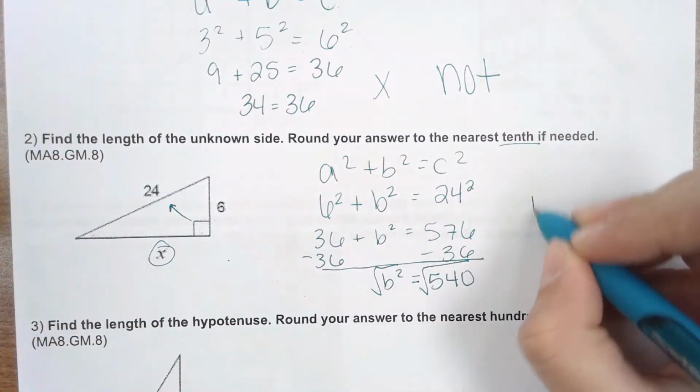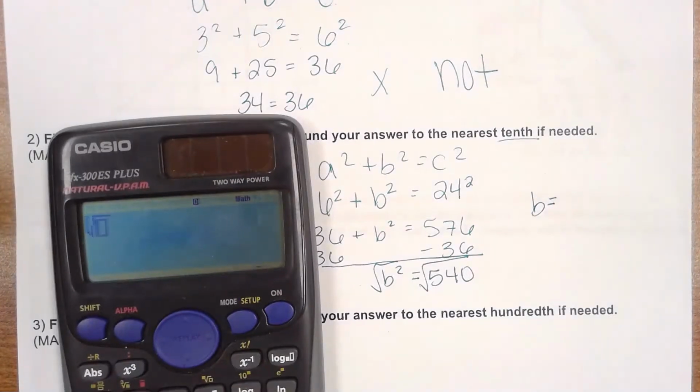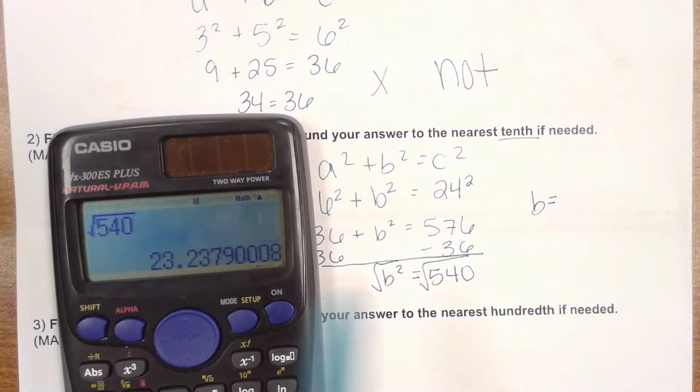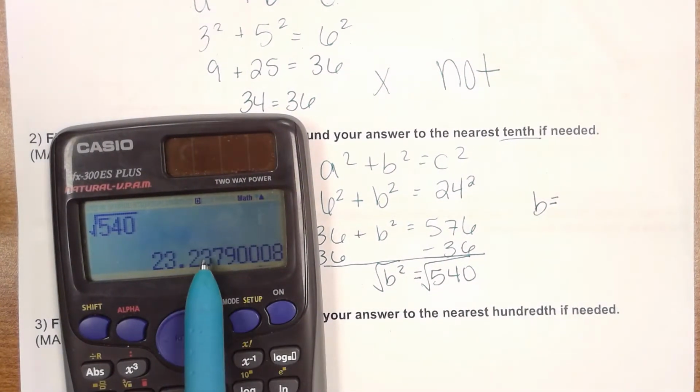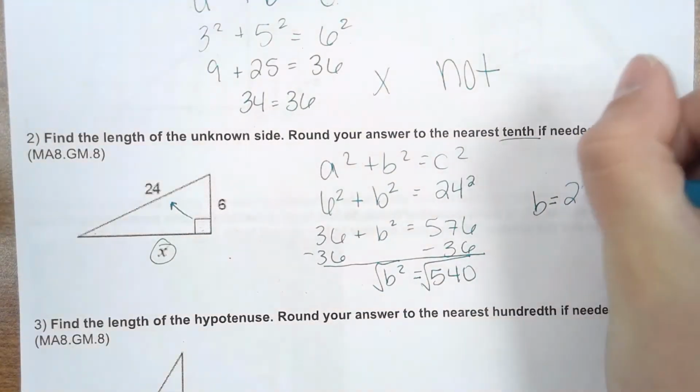So the square root of 540, if I round it to the nearest tenths, I'm looking at the tenths place and the number behind it. If it's 5 or greater, then I'll round the 2 up to a 3. If not, I'll leave the 2 alone. So since this number is not 5 or greater, I'm going to leave it as 23.2.